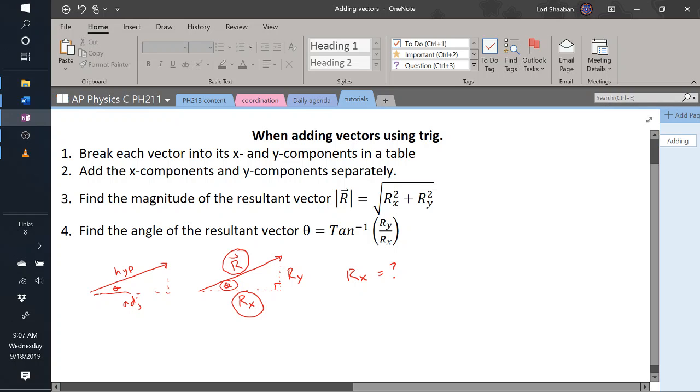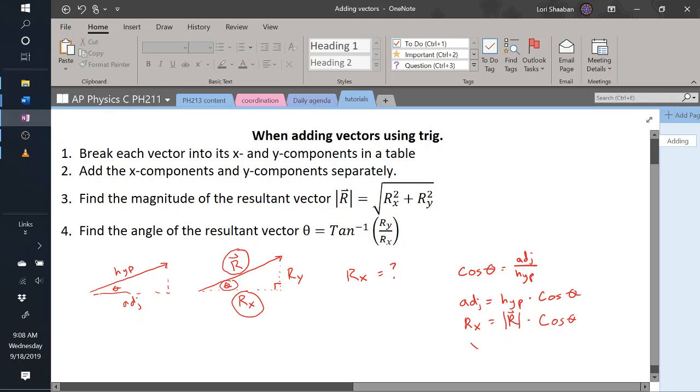We have cosine of theta is adjacent over hypotenuse. To find the adjacent, we'd multiply the hypotenuse on both sides, the hypotenuse times the cosine of the angle. So if we want to just look at vectors, the adjacent is going to be the x component. The hypotenuse is going to be the magnitude of the vector times the cosine of the angle.